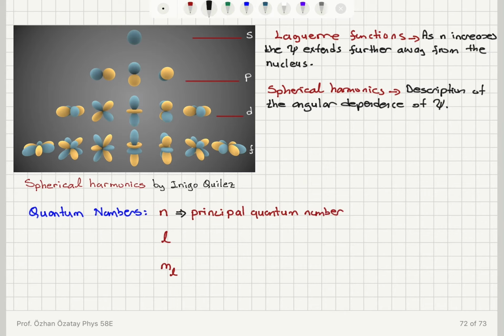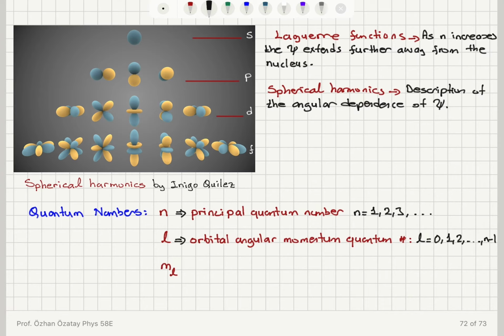And N can take values 1, 2, 3, etc. And L is called the orbital angular momentum quantum number. And it can take values 0, 1, 2, all the way up to n minus 1.